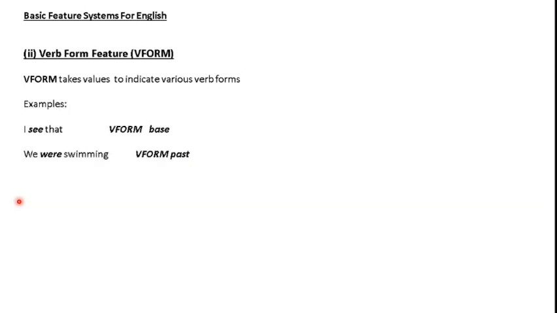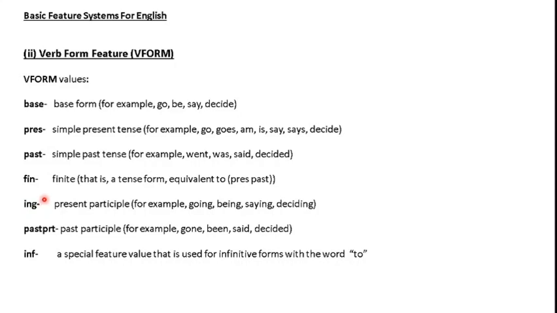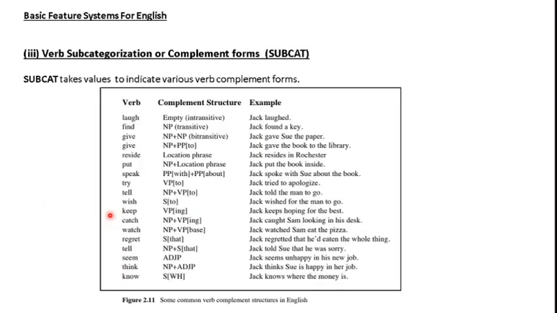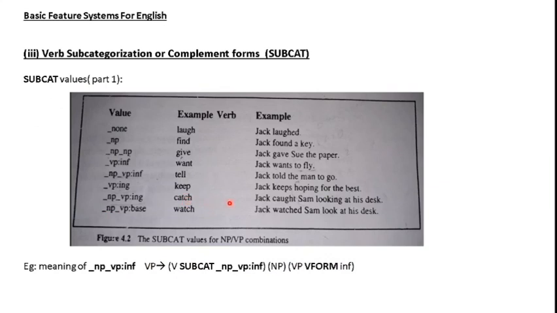Here there is an ing V form value, and it means present participle. So here it means that in Jack caught Sam looking at his desk, the complement form is NP VP ing, or VP constrained over ing. It means that the complement part, Sam looking at his desk, has a noun phrase, that is Sam, then a verb phrase with the verb constrained on present participle. That is the meaning of this representation.